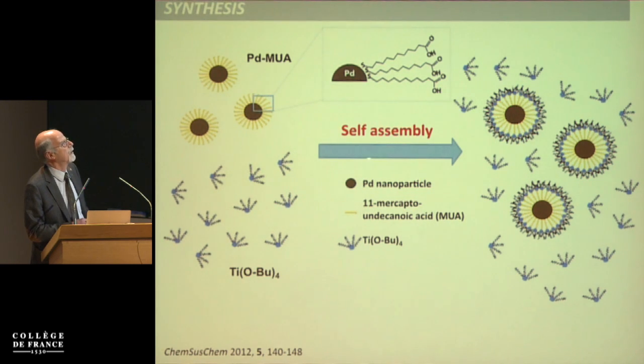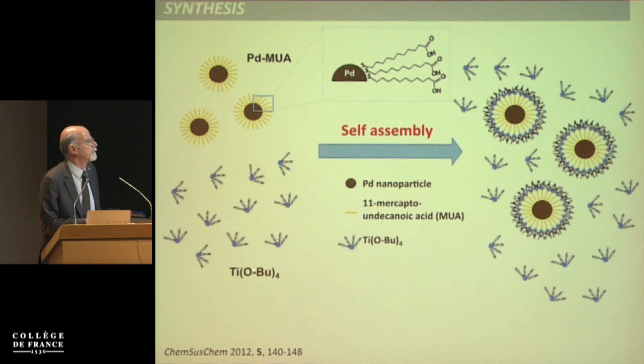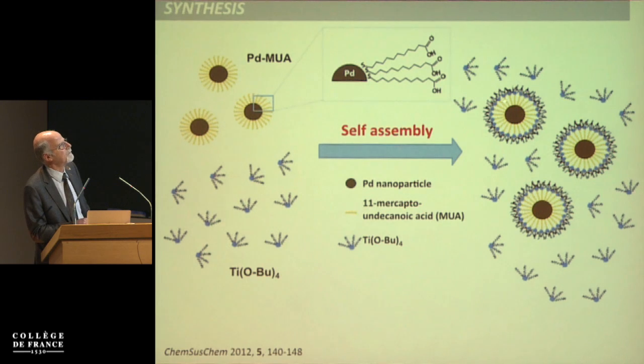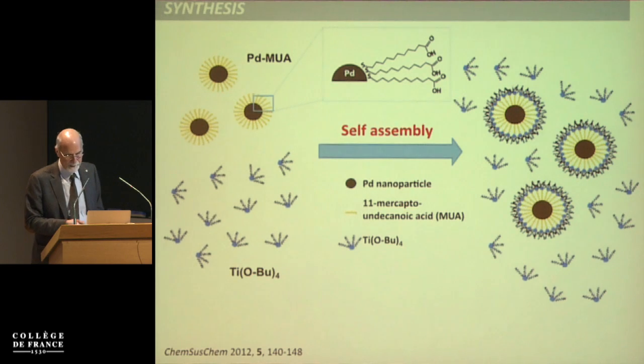So basically, the carboxylic acids function as seeds for the sol-gel processing, for the polymerization of titanium butoxides. And basically, we have now the platinum or palladium nanoparticle with the mercaptodecanoic acid, and then the layer of titanium oxide.